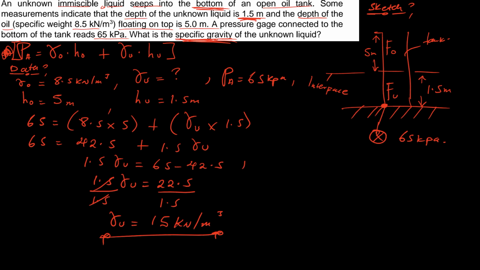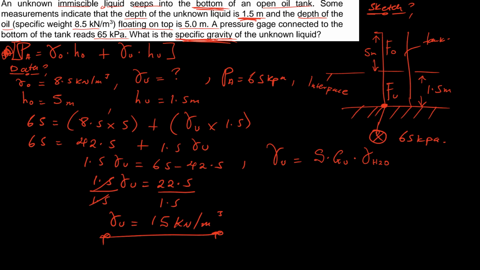We have to understand that the specific weight of any other fluid that is unknown will be equal to the specific gravity of that unknown fluid times the specific weight of water at a particular temperature, could be 4, could be 3.9. This is the specific weight of water.